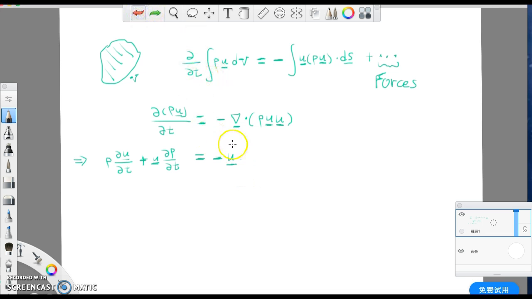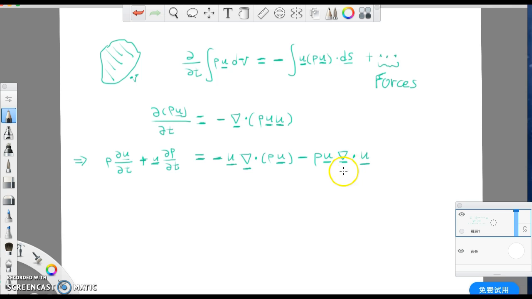There's no dot, because the divergence of a tensor is a vector, so this is u directly multiplied by the divergence of rho u, so the result is a vector. And also minus, take rho u out, so you treat rho u as one vector and u as the other, rho u dot grad u.